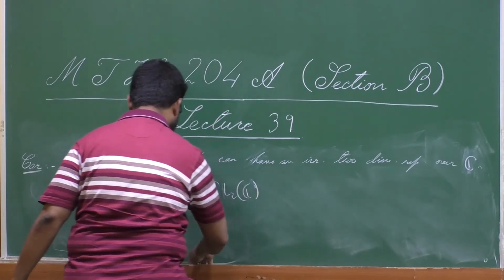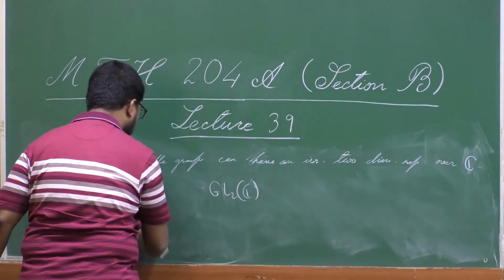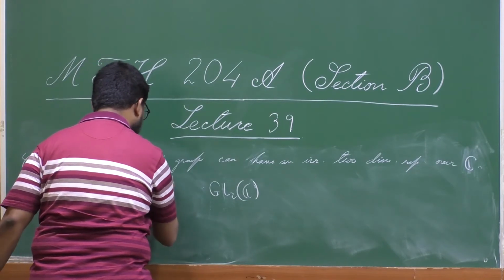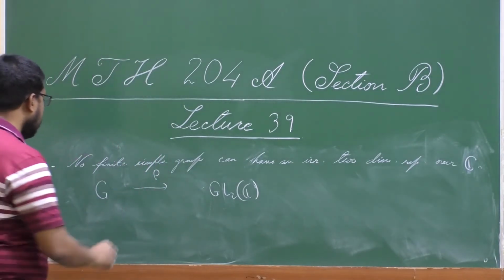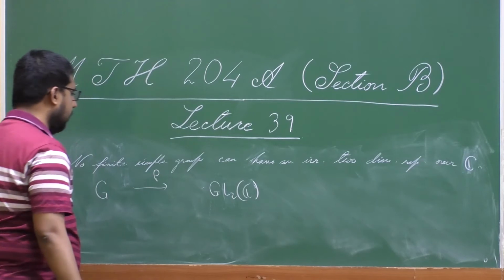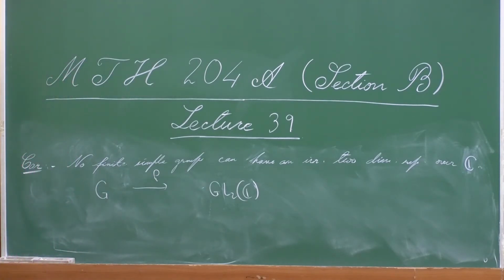For notational simplicity, I simply forget this part and call this itself rho, and it's an irreducible two-dimensional representation.